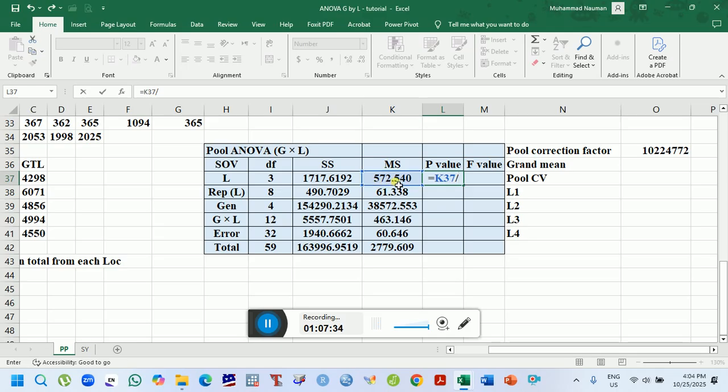So divide by rep within location. Is equal to the p-value of rep within location mean square divided by error mean square.